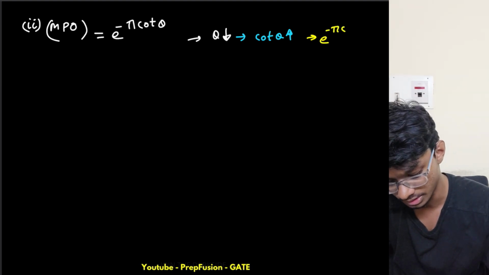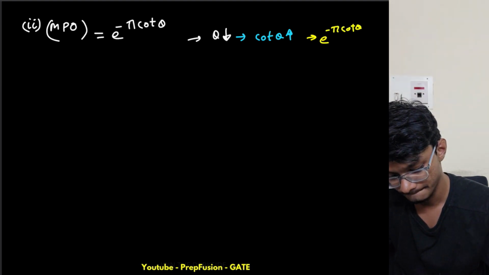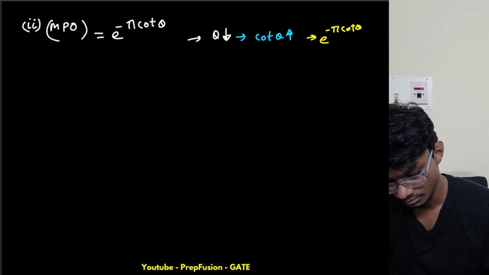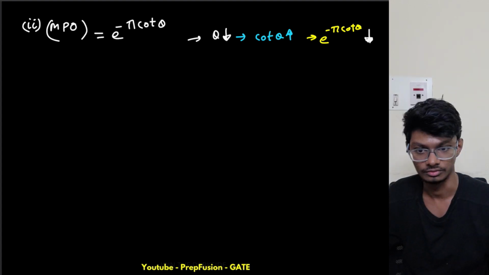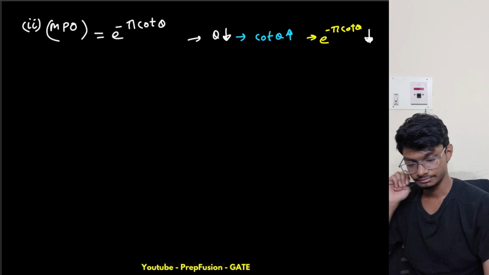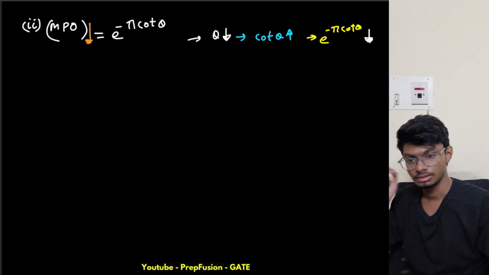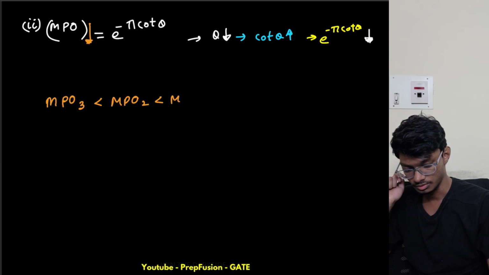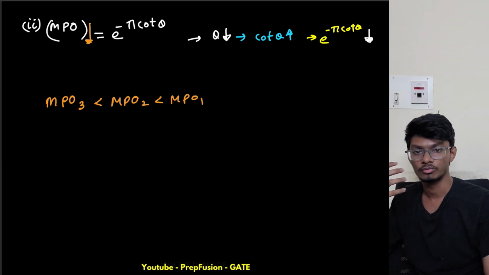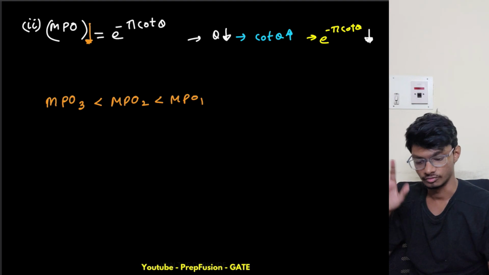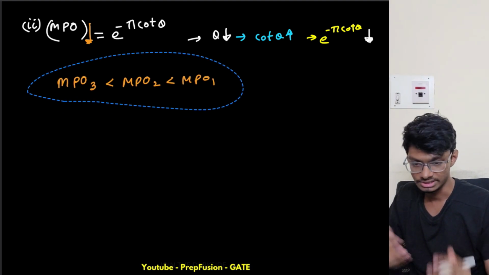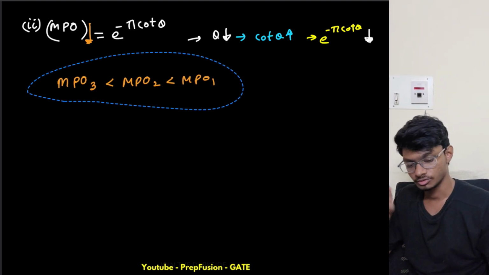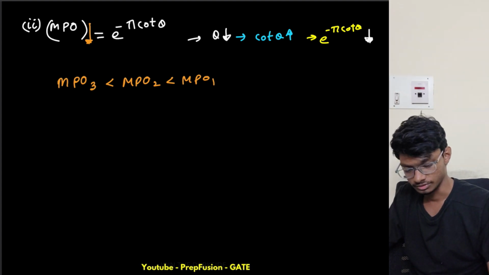So my MPO is reducing, so my MPO3 will be less than MPO2, less than MPO1, okay. My MPO1 will have the maximum peak overshoot, but as you know, the rise time and MPO follow an inverse relationship, so rise time will just be opposite of this one.